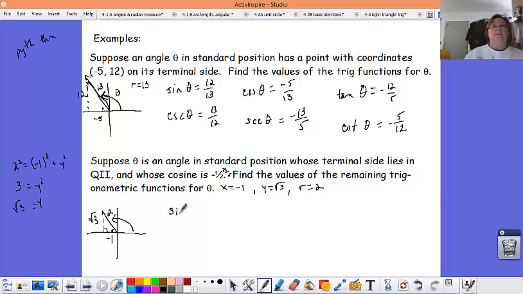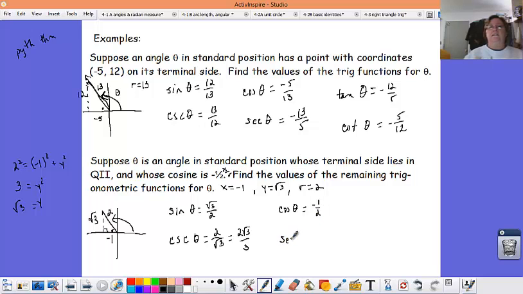The sine takes y over radius, so root 3 over 2. The cosecant is the reciprocal of that, so 2 over root 3, but we know that that's 2 root 3 over 3. The cosine of our theta is x over r, so -1/2.